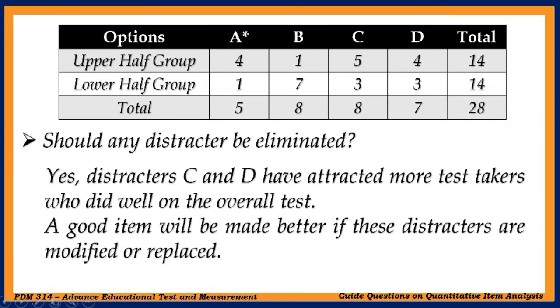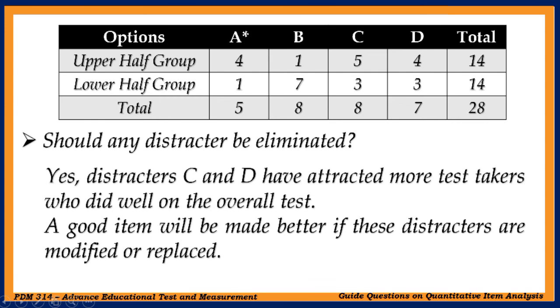Should any distractor be eliminated? Remember that in order for an item to discriminate well, more students who do well on the test should choose the correct answer than those who do poorly. Therefore, the distractor should be negatively discriminating.